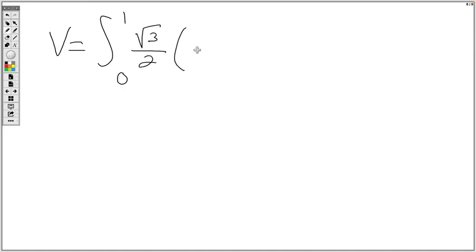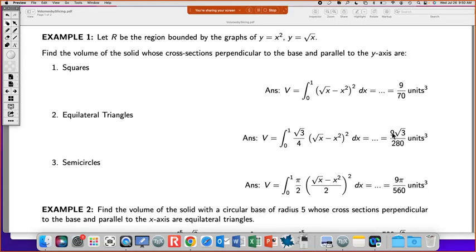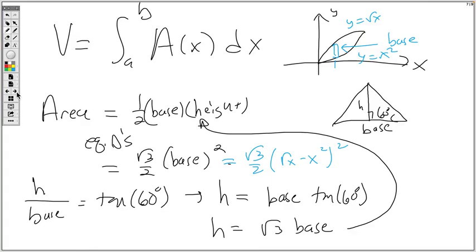All right, so my volume is going to be the integral. I'm chopping the x up from 0 to 1. I need to find the area of that equilateral triangle. The area is root 3 over 2 times the length of the base squared. The base is going to be the top curve minus the bottom curve, squared, dx. And this is just going to be root 3 over 2 times the volume we had before. You follow? Because it's the same integral. Oops, wait a minute. I got a 4 in there. What did I mess up? I think I got the area wrong.